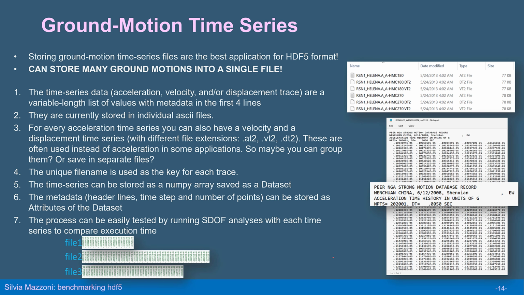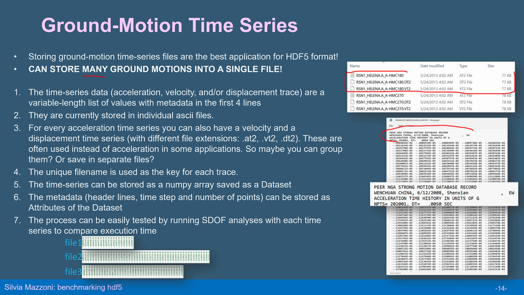My main application right now that I'm going to be testing is ground motion time series. Storing ground motion time series, I think, is one of the best example applications of the HDF5 format. I have many individual files, and a lot of these files repeat. I have acceleration, displacement, and velocity traces, and this is what the files look like.